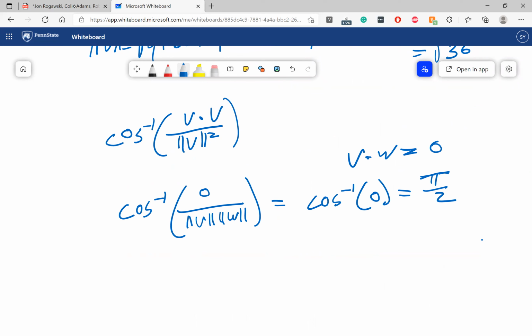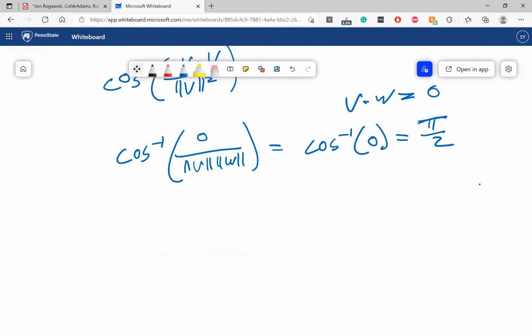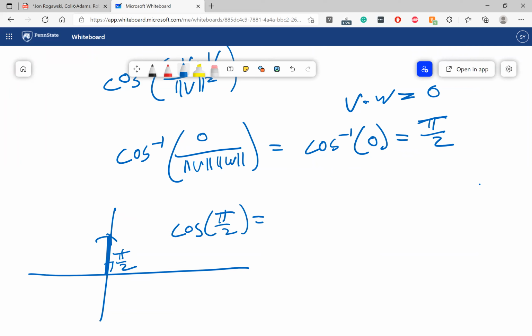Yes, right, because cosine represents the x-axis. This is going to be cosine of pi over 2. What's x when your vector has the angle pi over 2? Well, the x dimension is 0, so cosine of pi over 2 is 0.